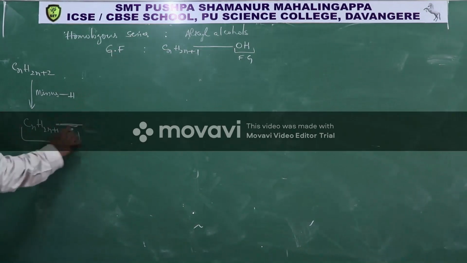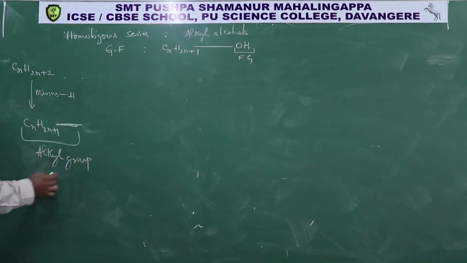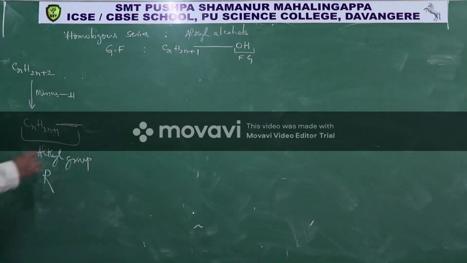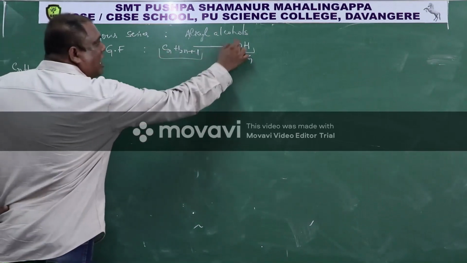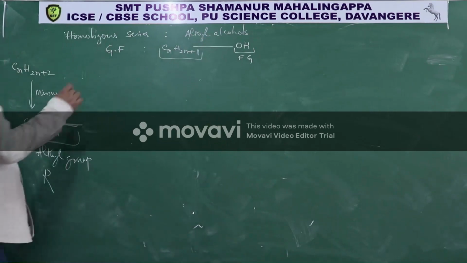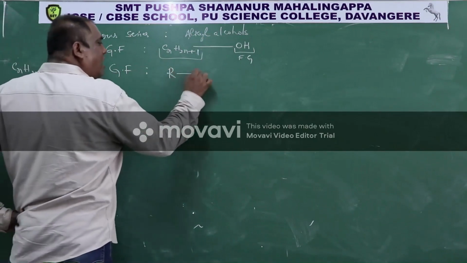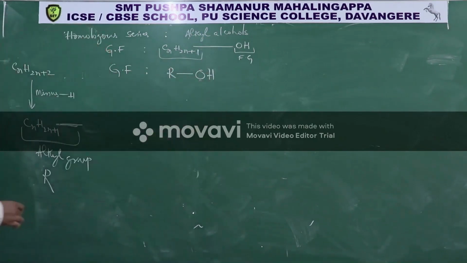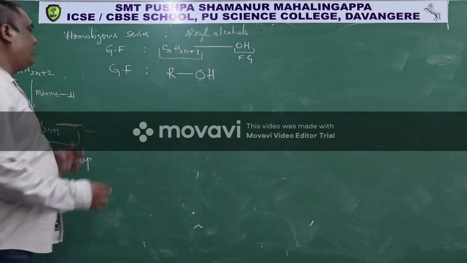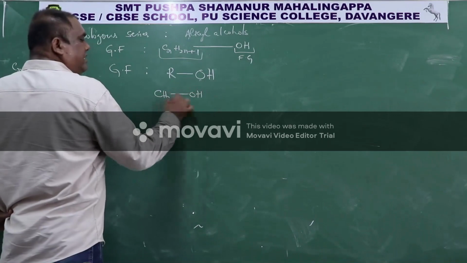This is called the alkyl group, and the alkyl group is represented by R. So this is alkyl and this is alcohol, that's why it is called alkyl alcohol. The general formula of alkyl alcohols I will write as ROH, because CnH2n plus 1 is represented by the symbol R. Now R is CH3 and OH: this is methyl alcohol.